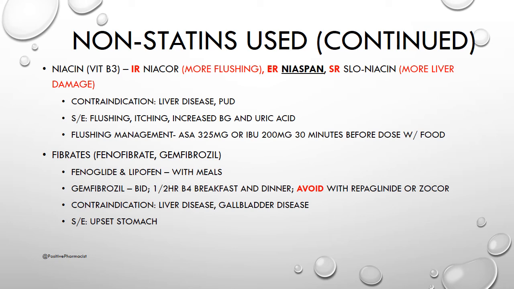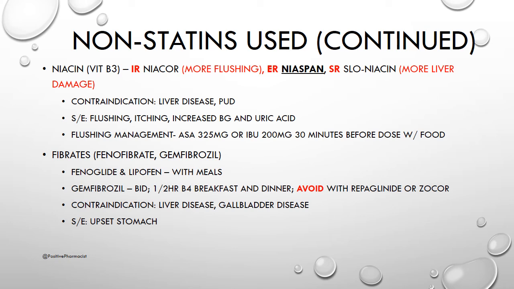The contraindications for niacin include active liver disease or active peptic ulcer disease. Some of the side effects, we mentioned the flushing that happens, especially with the immediate release. There's itching. It can increase the blood sugar levels in diabetics. It can also increase the uric acid level, so it could cause gout in a patient. So those will need to be monitored definitely.